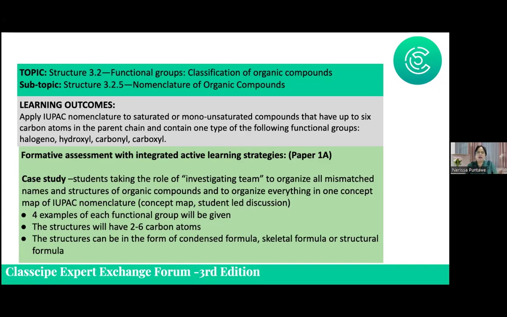So it's your option. You can design it. As long as they're taking the role of investigating team, you give them 4 examples of each functional group. The structures will have 2 to 6 carbon atoms, not more than that, because for IB they don't really give more than 10. And the structures can be in the form of condensed formula, skeletal formula, or structural formula.